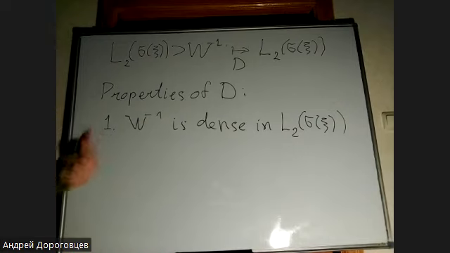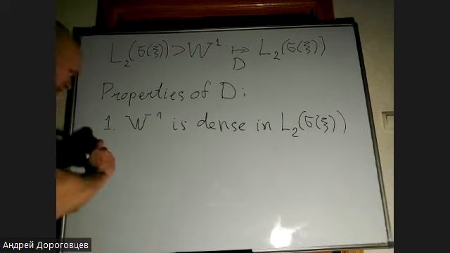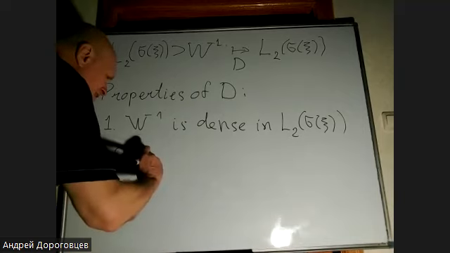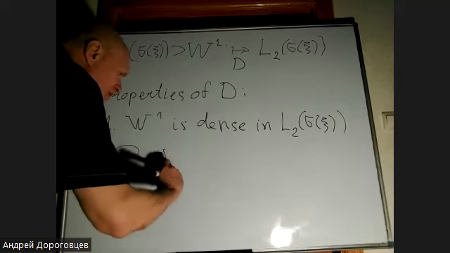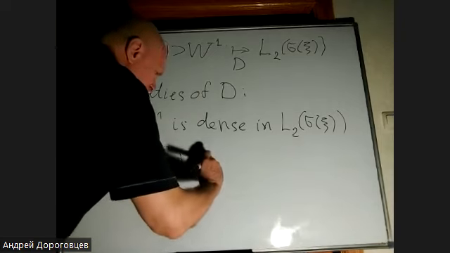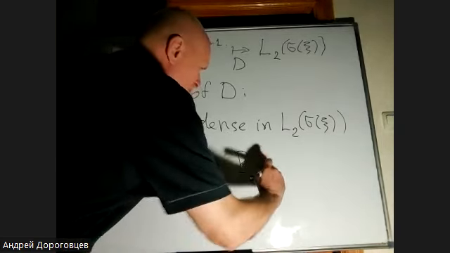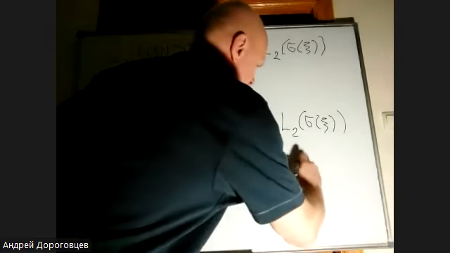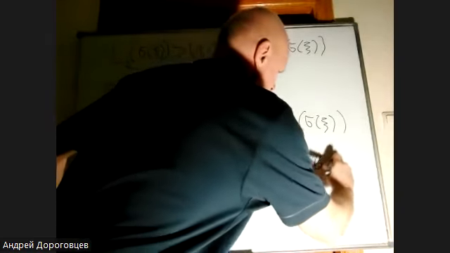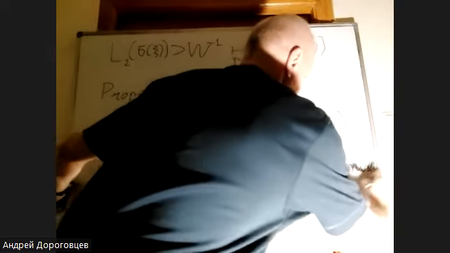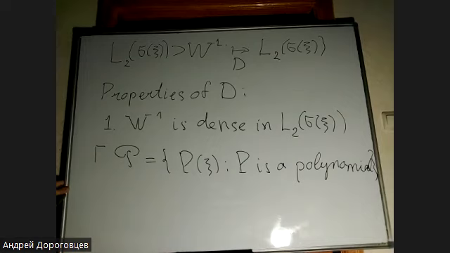Because if I consider such a set, P is a set of random variables of such kind, P of ψ, where P is a polynomial.